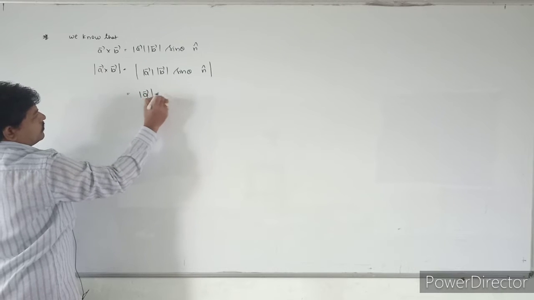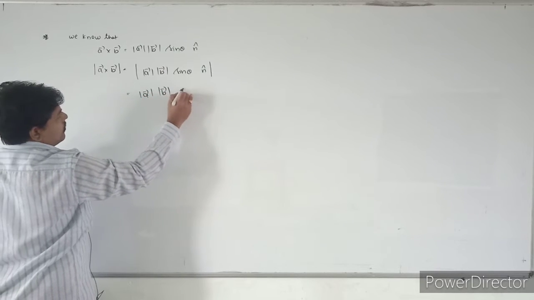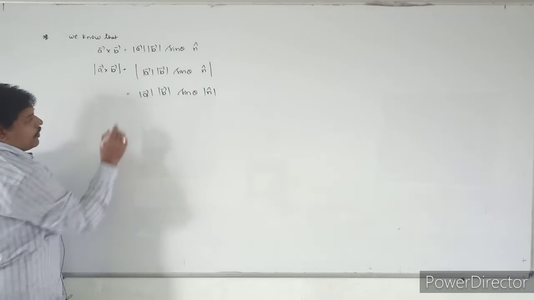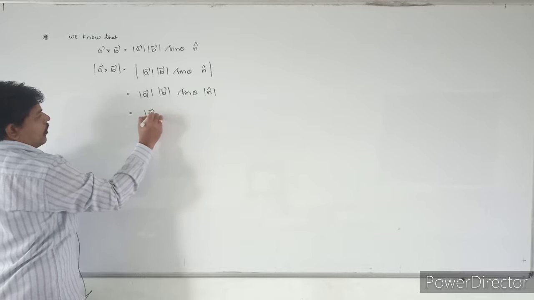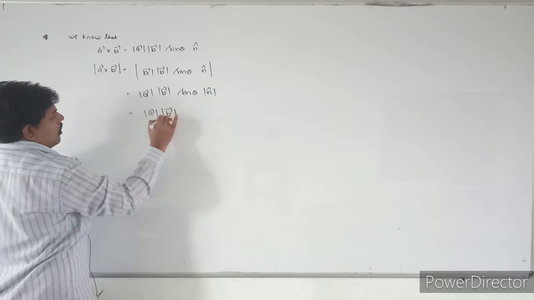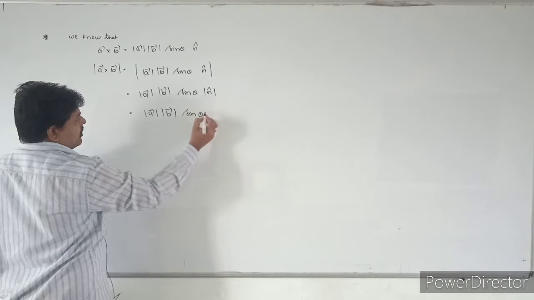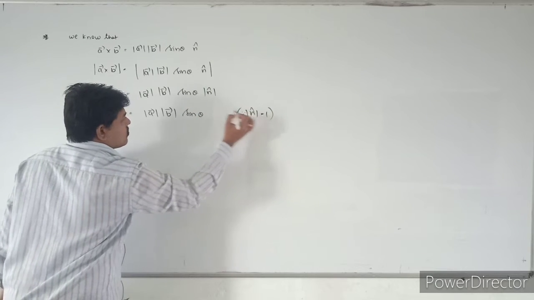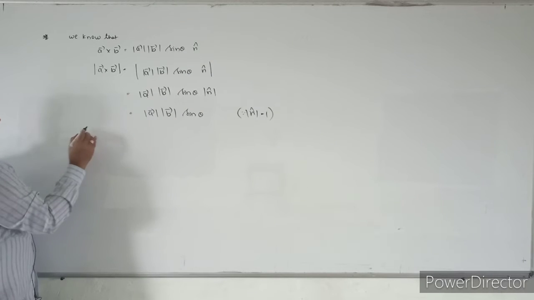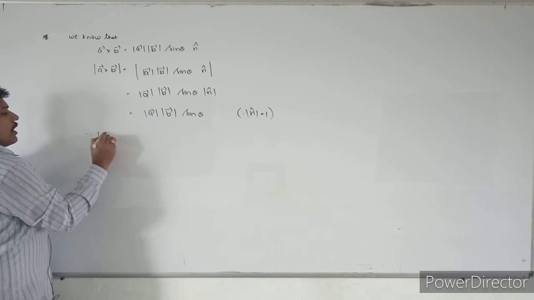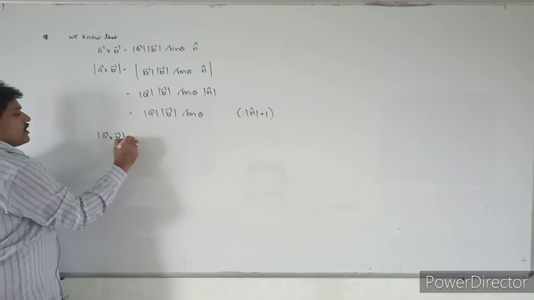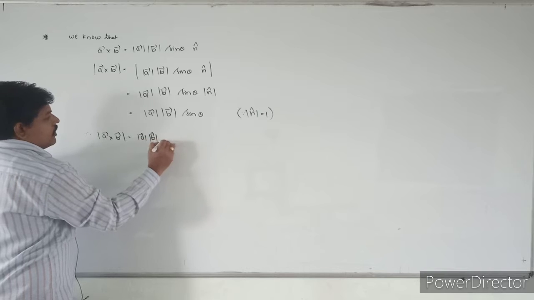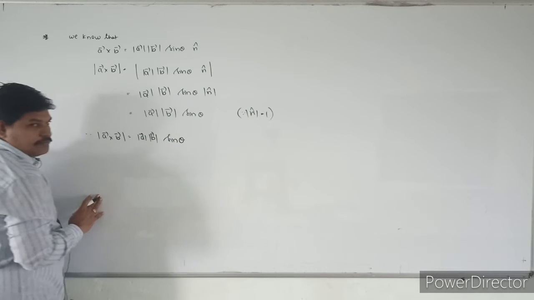Mod A mod B sin theta into mod n cap, and mod n cap is equal to 1. So that value will become 1 only. Therefore, mod A bar cross B bar is equal to mod A mod B into sin theta.